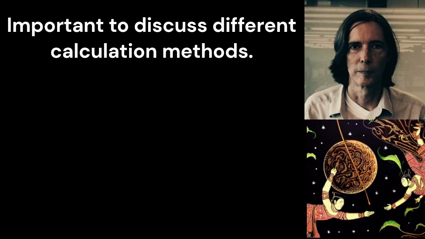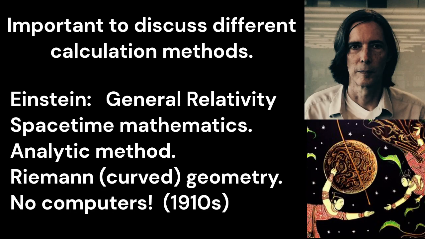Now, I think it's important to discuss for a moment the different calculation methods used. Einstein, of course, was using his General Relativity theory of spacetime mathematics. It was an analytic method, and it used very complex Riemann curved geometry and no computers in the 1910s.